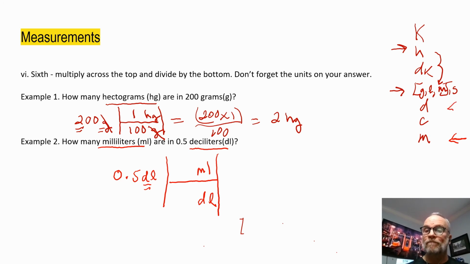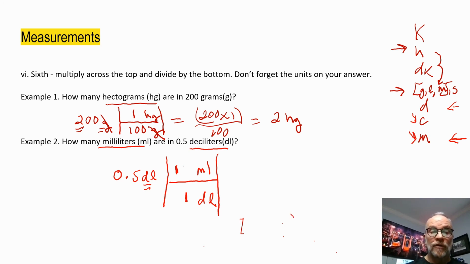Okay. So we have the bigger unit, which is deciliters, will receive a 1. Right. And now milliliters will receive a 1 plus some factors of 10 that we determine by counting. So we go 1 step, 2 steps down.